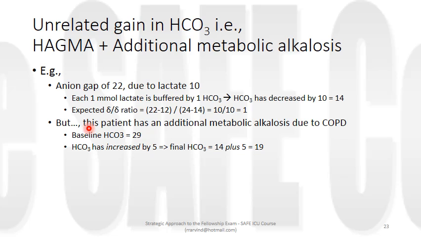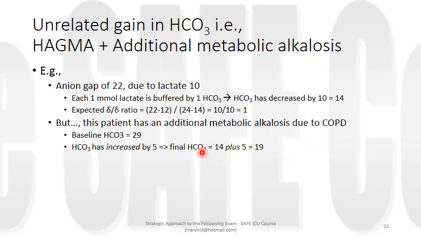So his bicarb has actually increased by 5 from 24. The bicarb has not fallen to 24 minus 10, which is 14, but it's 29 minus 10, so the final bicarb is 19.